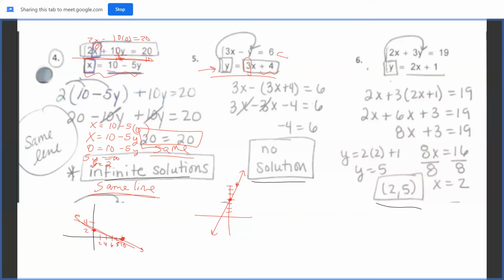On the first equation, it's not solved for y. But if x is 0, then the opposite of y is 6. So y is negative 6 when x is 0. So x is 0, y is negative 6.